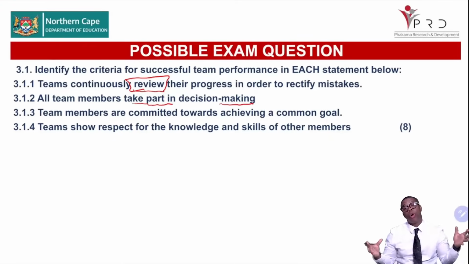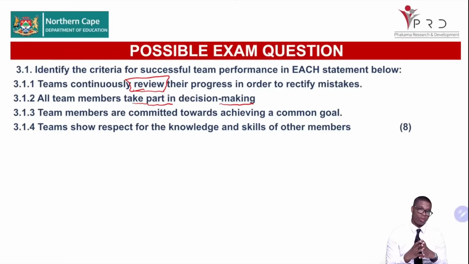So because all of these employees take part in decision making, that is considered to be what? Think about it. They are taking part in the decision making. That is considered to be what? Cooperation, because everyone is in together to make a decision.